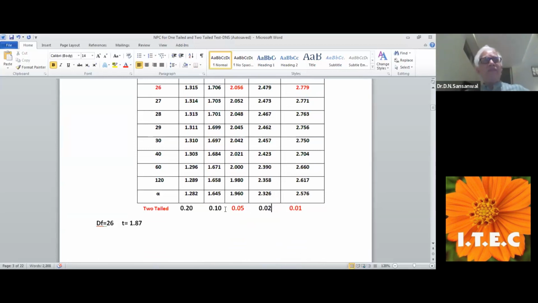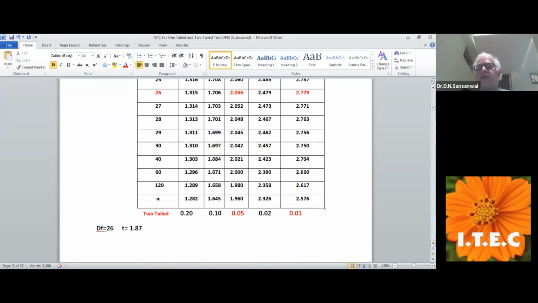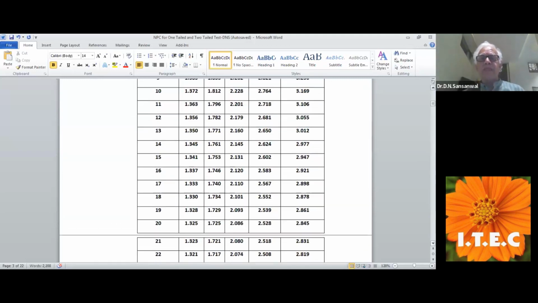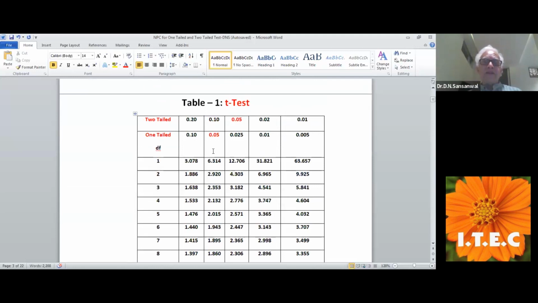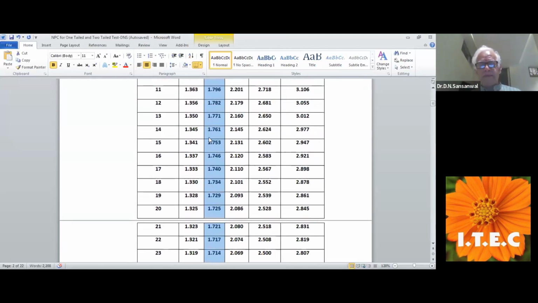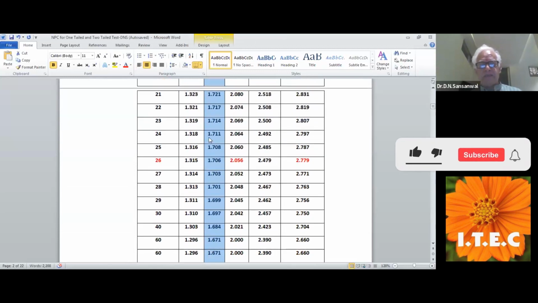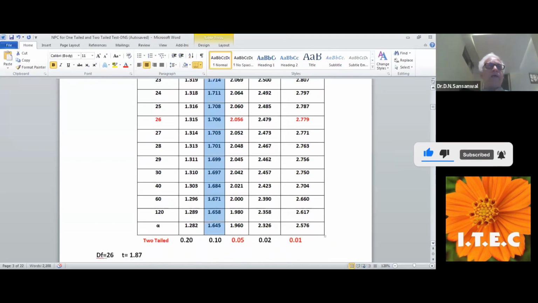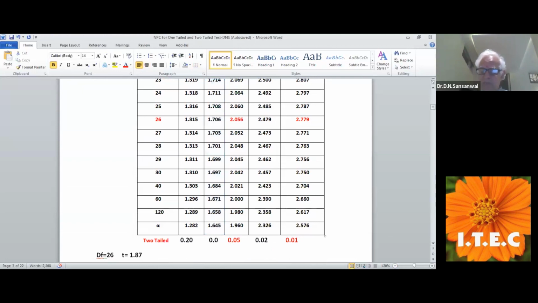But if you have a directional hypothesis, then you have to use the one-tail test. For the one-tail test, now you can see the values here. This is the one-tail test and this is the value which is 0.05. So for one tail, it is 0.05.